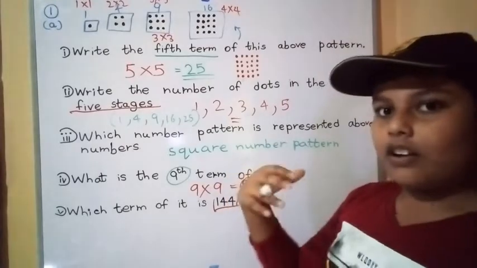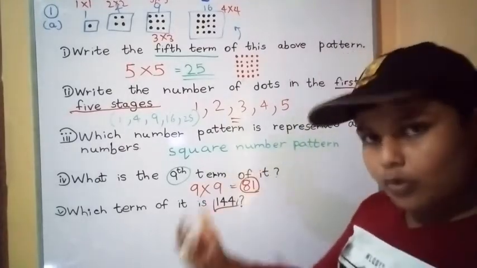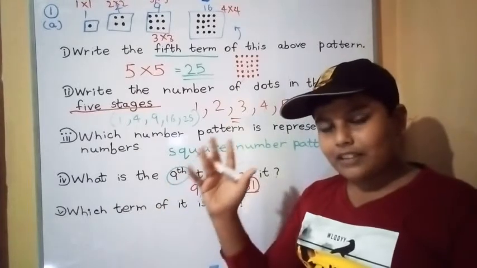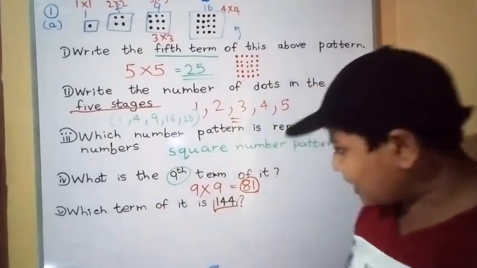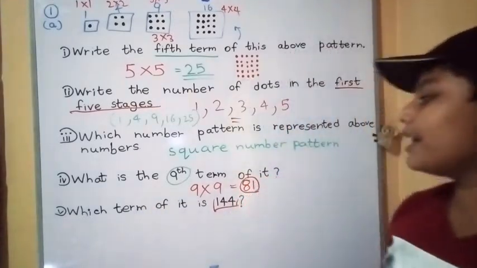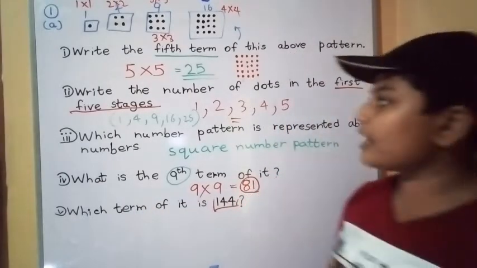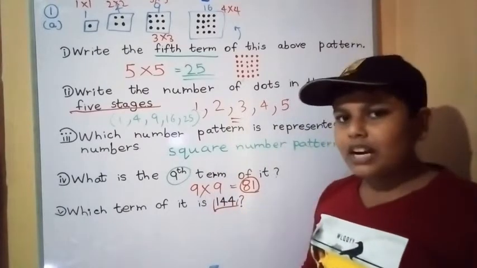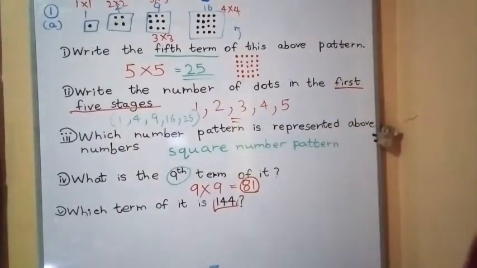You want to get 1 multiply 1, 2 multiply 2, 3 multiply 3, 4 multiply 4, 5 multiply 5, 6 multiply 6, 7 multiply 7, 8 multiply 8, 9 multiply 9, 10 multiply 10, 11 multiply 11, 12 multiply 12, like that. Right? Now, which term is 144?